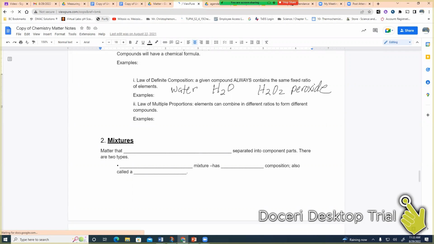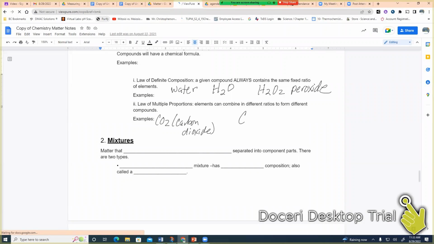The law of multiple proportions says elements can be combined in different ratios to form different compounds. So if we talk about CO2, that is carbon dioxide. You know, plants need that for photosynthesis, so it's a good thing.